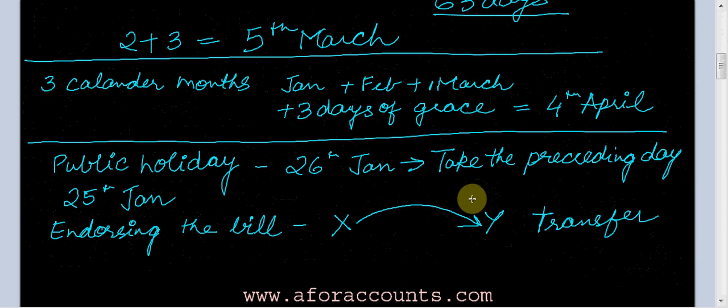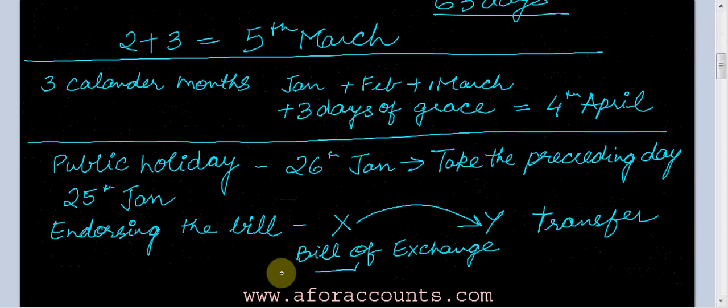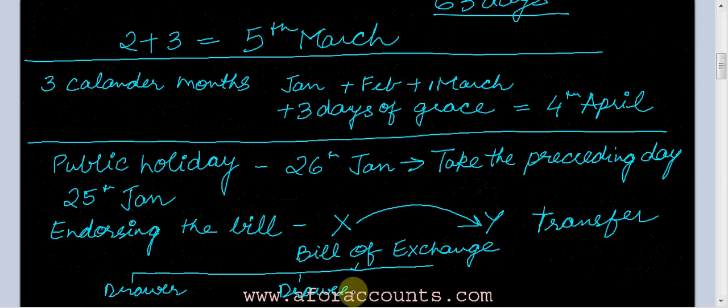Okay. Now as we all know, bill of exchange has three parties. What are the three parties? Bill of exchange has three parties. First is the drawer, second is the drawee, and third is the payee.